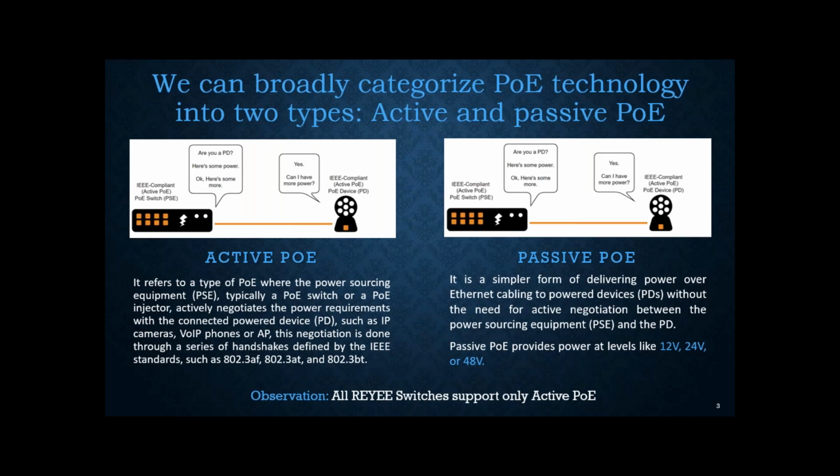Passive PoE is a simpler form of delivering power over Ethernet cabling to power devices without the need for active negotiation between the power sourcing equipment and the powered device. Passive PoE provides power at levels like 12 volts, 24 volts, or 48 volts. When using passive PoE, it's crucial to ensure that the voltage and power requirements match between the power source and the device to avoid potential damage.